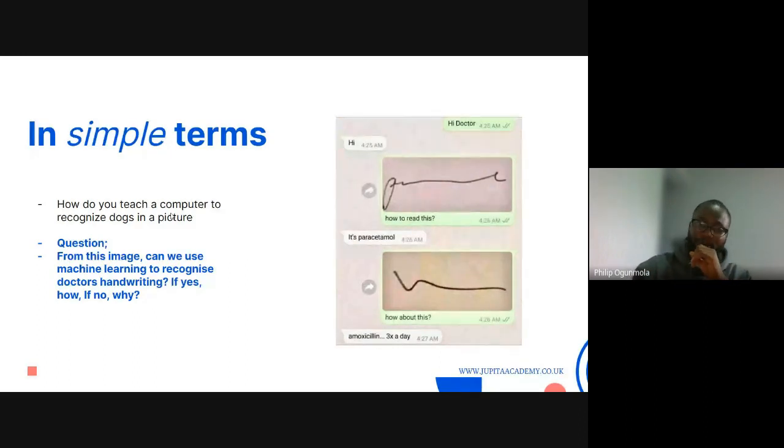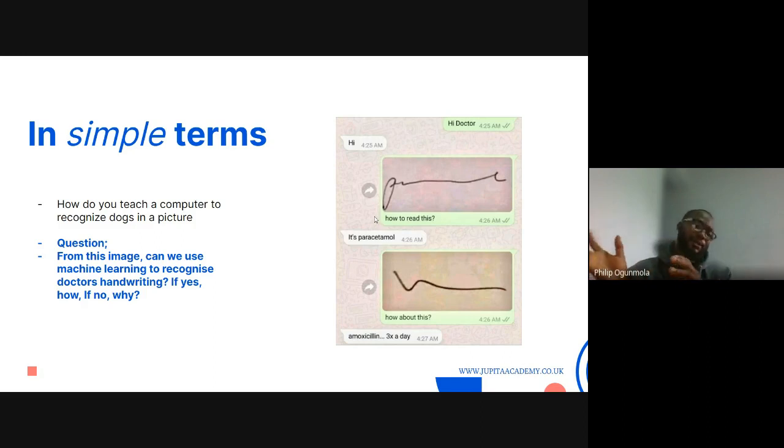There was a post made on LinkedIn some time ago, and I made a comment about it. Someone said it's very difficult for machines to recognize doctor's handwriting. I commented that even the most basic machine learning model, like a simple linear regression, can easily identify doctor's handwriting.